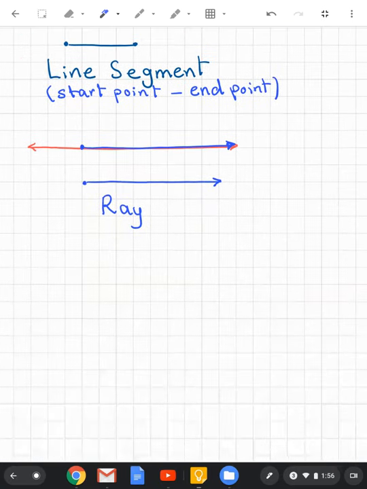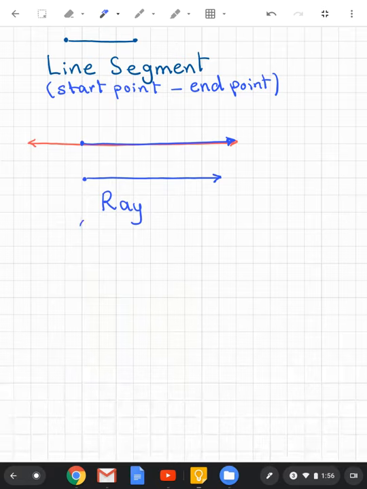The ray has a start point but no end point.